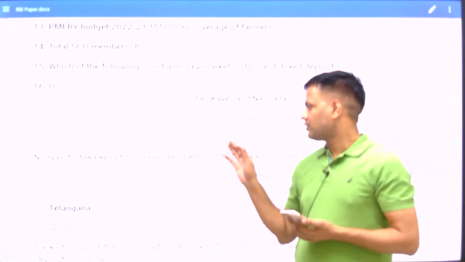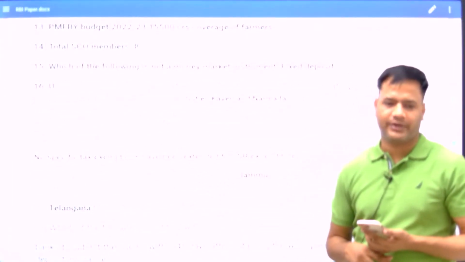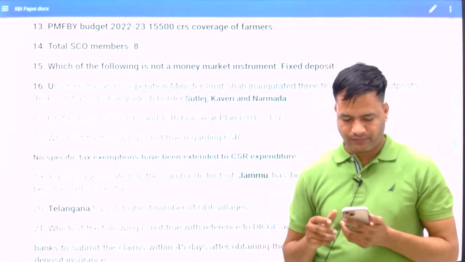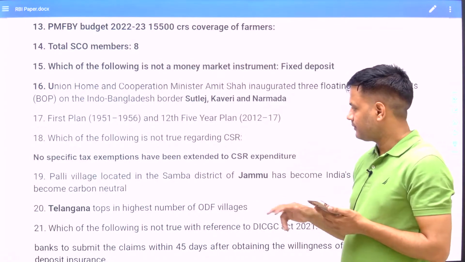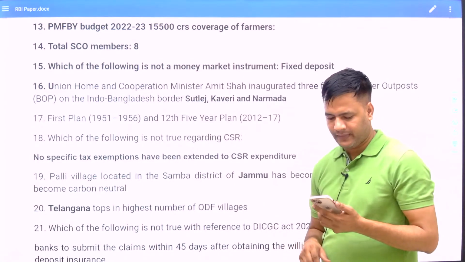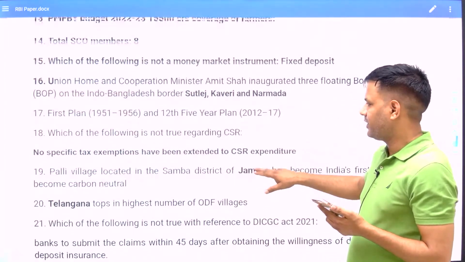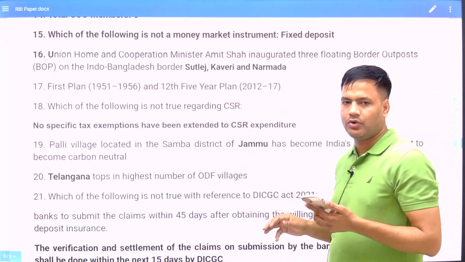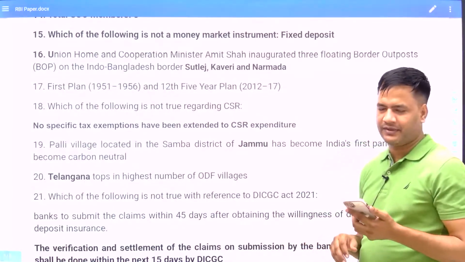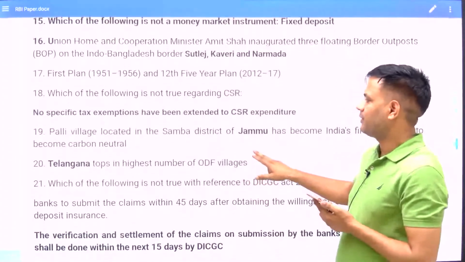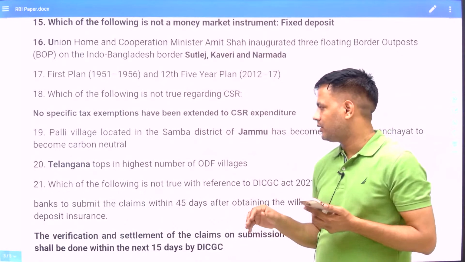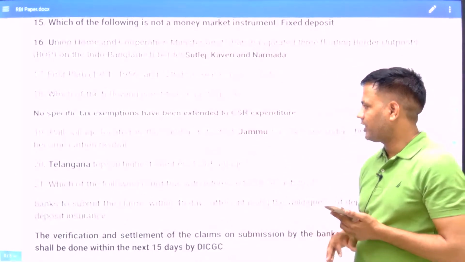Which of the following is not true regarding CSR, corporate social responsibility? No specific tax exemptions are allowed. This statement was wrong, all others were correct. Pali, the village located, the district name was not there.